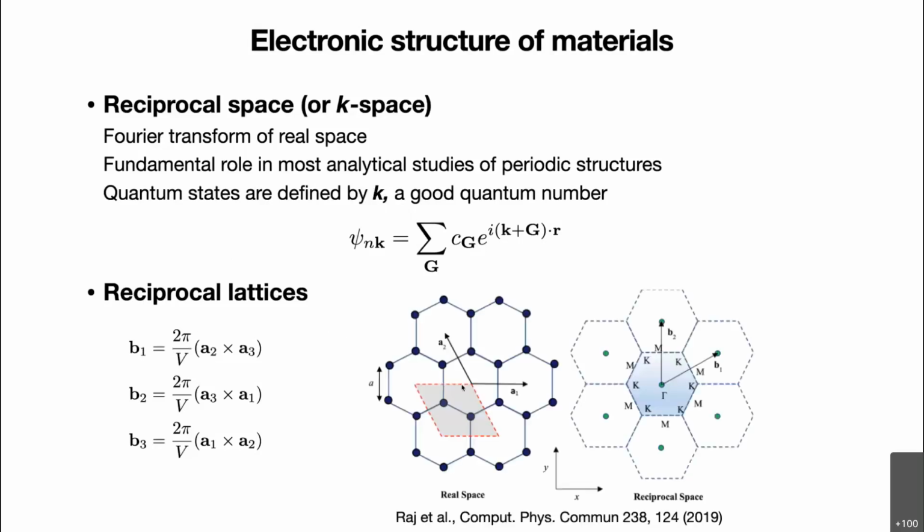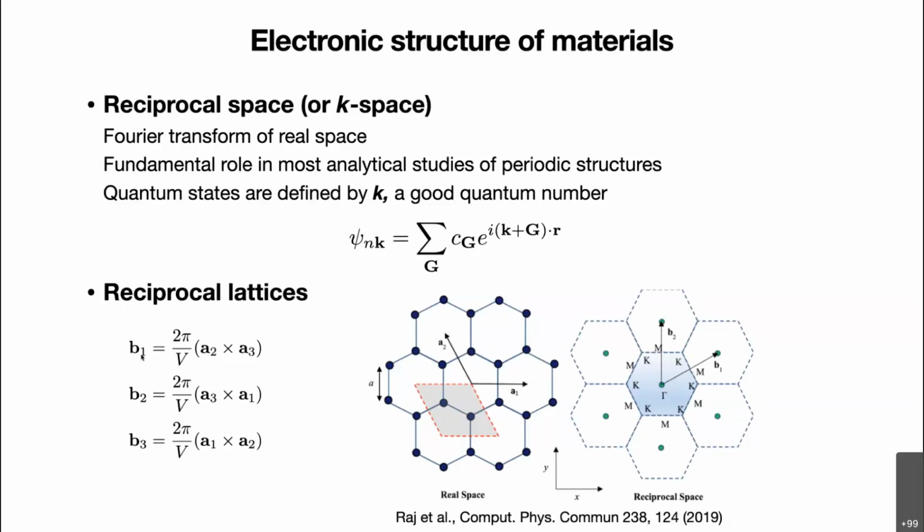So here, a1 and a2 are real space lattice vectors, and b1 and b2 are the reciprocal lattice vectors. And from here to here, the angle goes from 120 to 60 degrees.